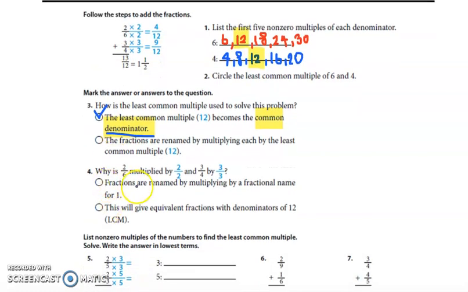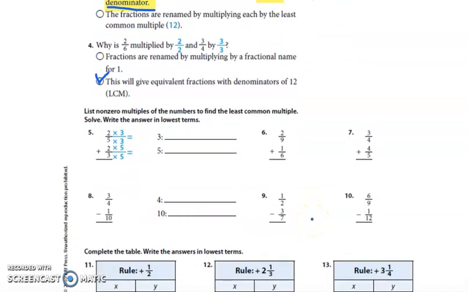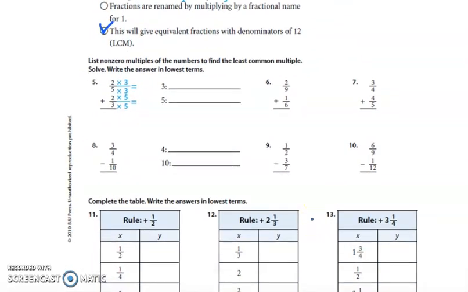So number 1, fractions are renamed by multiplying by a fractional name for 1. Or this will give equivalent fractions with denominators of 12. Which one is correct? The second one. Because by multiplying this number, we know that we'll get 12. And for number 5 through 10, we're going to do the same thing.